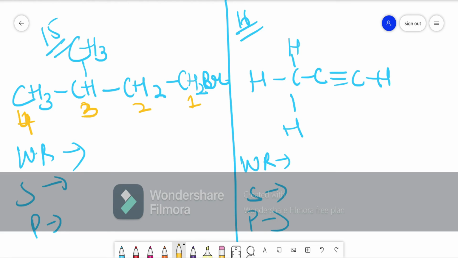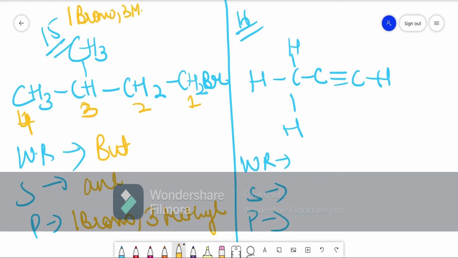In the first position, 4 carbons means but, single bonding means ane, and the prefix would be 1-bromo, 3-methyl. So the IUPAC name would be 1-bromo-3-methylbutane.